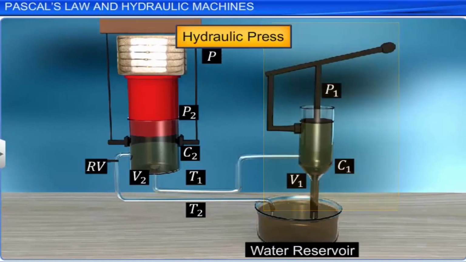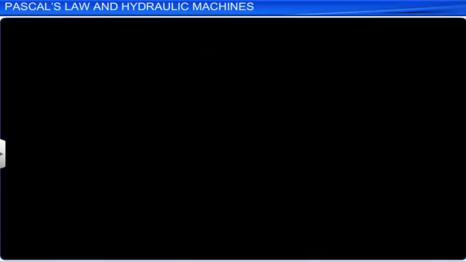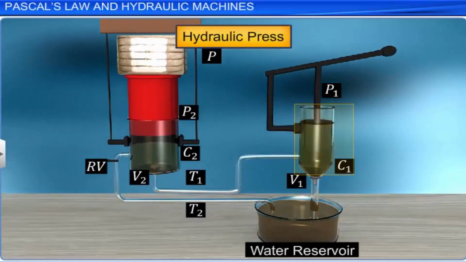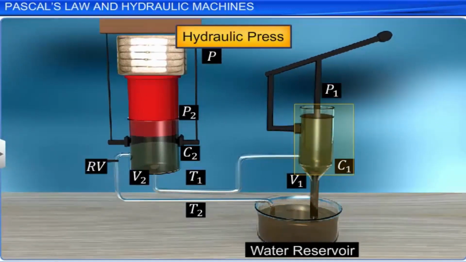When piston P1 is pressed down, valve V2 is opened. Valve V1 is closed and the water is pushed from cylinder C1 to cylinder C2 through T1.